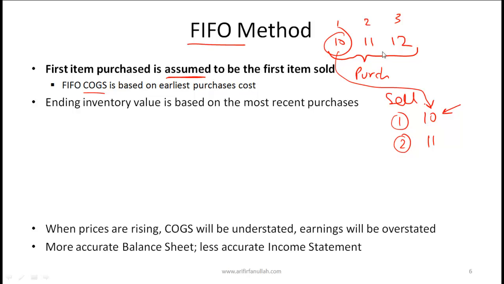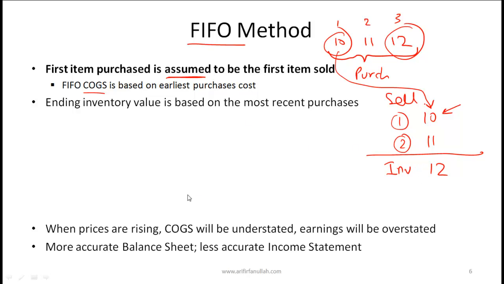And if you say in a given month sell 2 chairs, the one worth 10 and the one worth 11, so you actually sold these, on your balance sheet or your inventory you will show 12. So the inventory value will be based on most recent purchases.